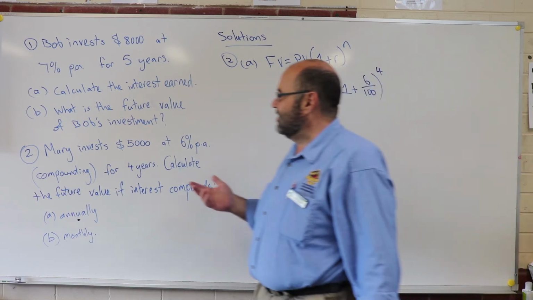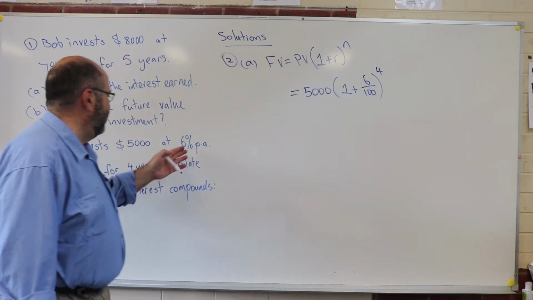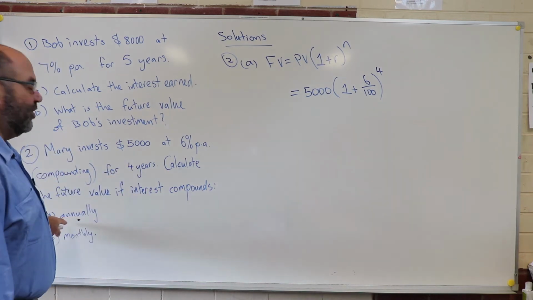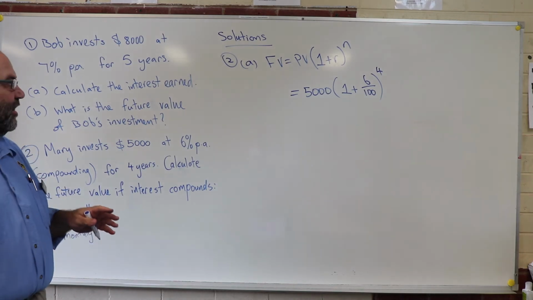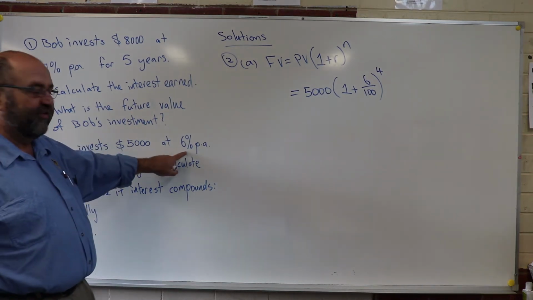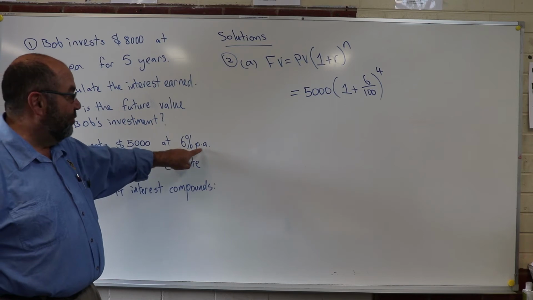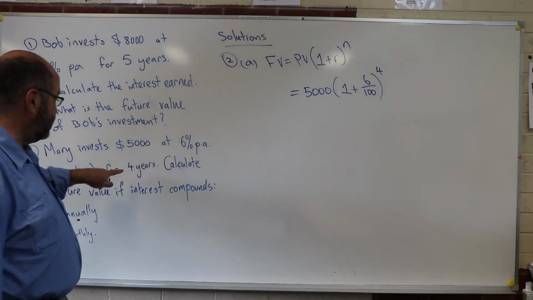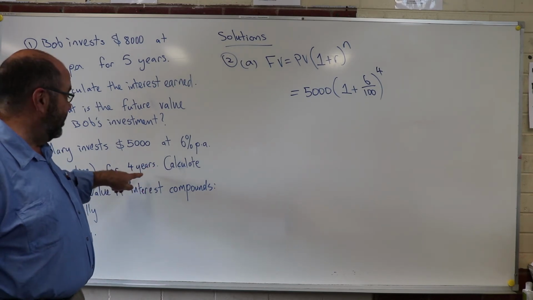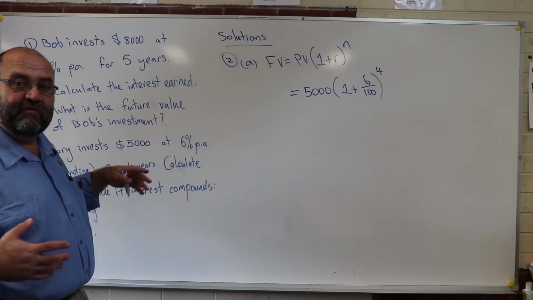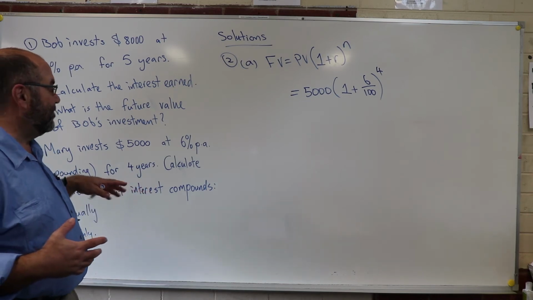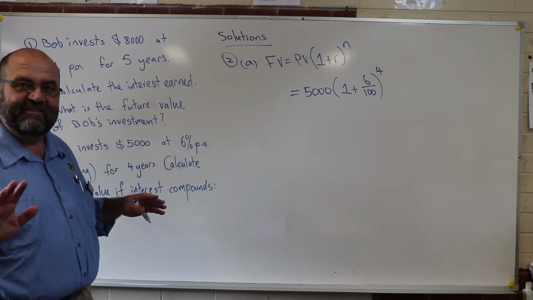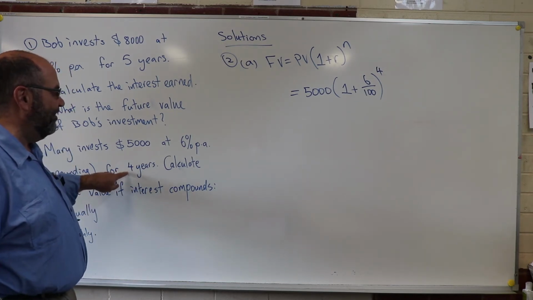Now, look at this. I haven't changed anything. I haven't done anything to my 6% or my 4, because my question tells me that I'm compounding annually. That means I want my interest to be annual, per every year. It's 6%, 4 years. This is speaking about it like a number of annums, if you pardon the little Latin sin I just committed.